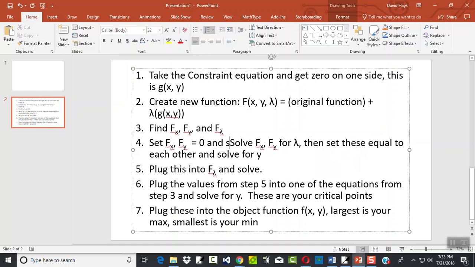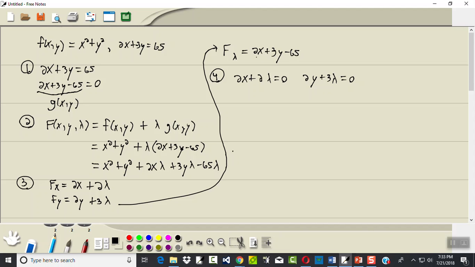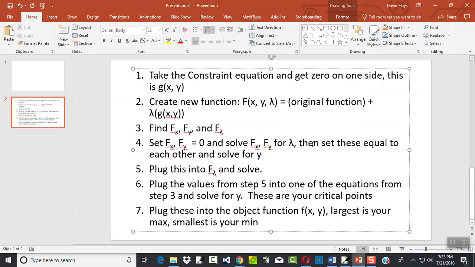And solve for lambda. So over here, I take 2x over, it becomes a negative 2x. Divide both sides by 2, and we get lambda is equal to negative x. Here, I take 2y over, it becomes a negative 2y. Divide both sides by 3, and you get lambda is equal to negative 2/3 y. Then set these equal to each other and solve for y.